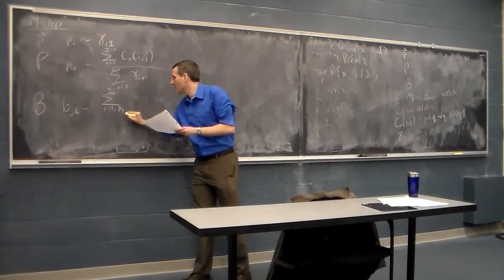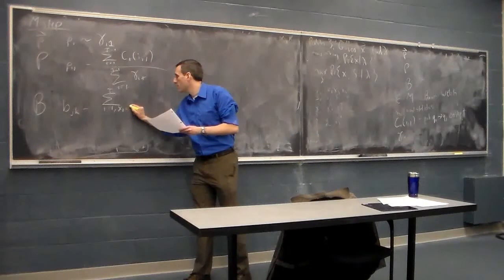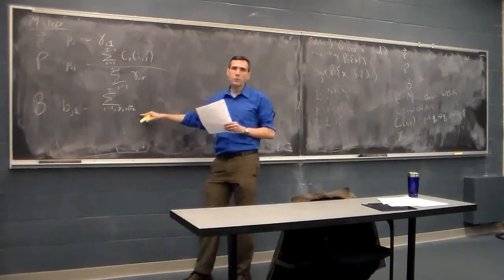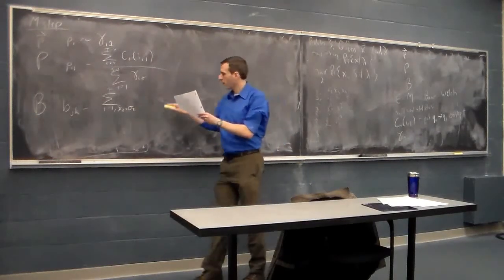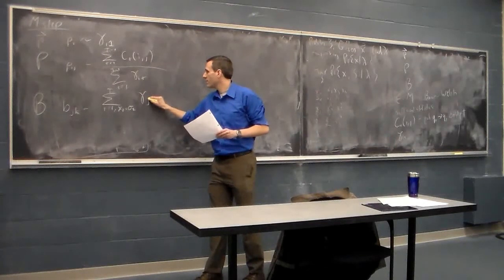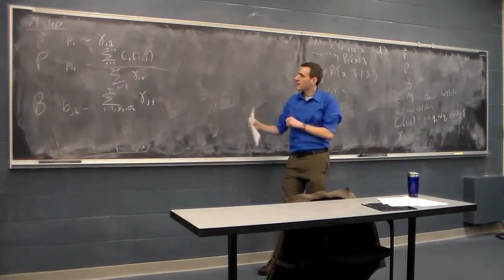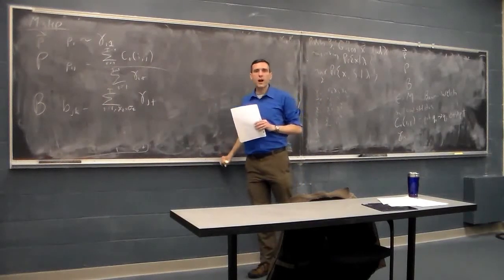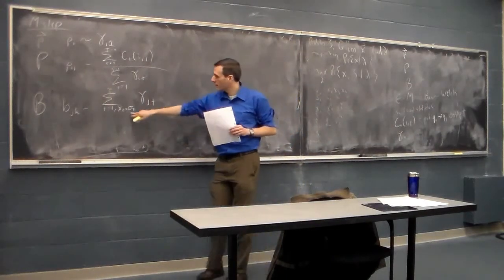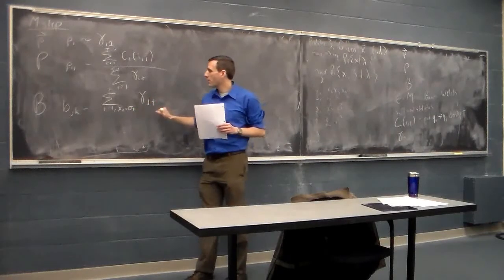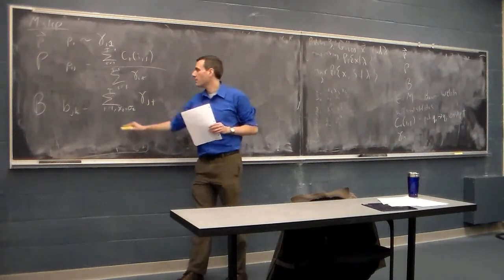So in other words, conditional on x sub t being sigma sub k, or output symbol k, of the probability that we are in state j at that step t. So this is then the sum over all probabilities of states in which we output k of the probability of being in state j at that step.